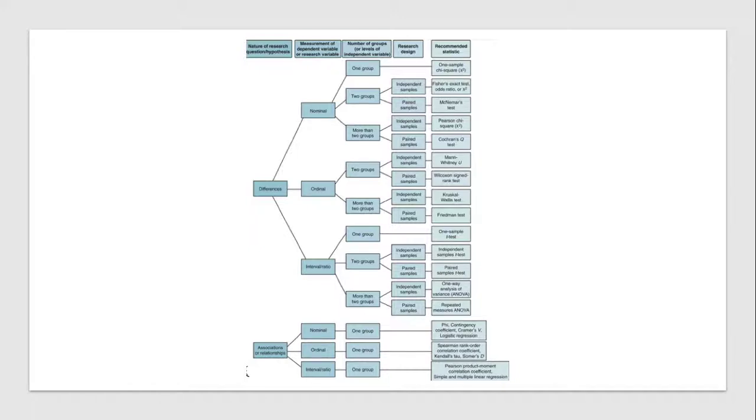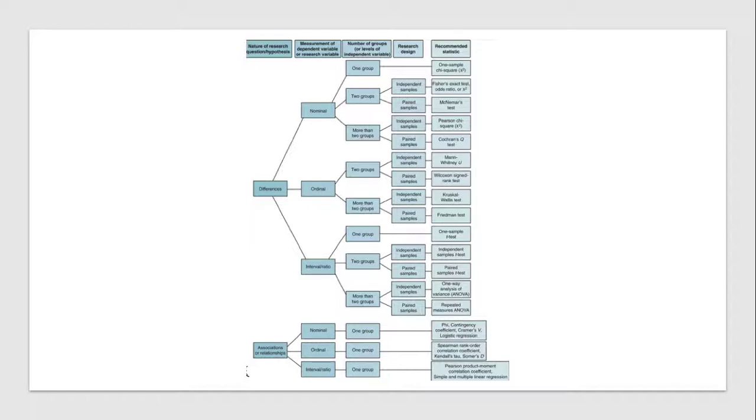So here is a flow diagram, and you can pause the video and look a little bit closer at it to get an idea. I like how they broke this down by first thinking about the nature of the research question or hypothesis. Are you looking at differences, or are you looking at associations? Then they look at the measurement of the dependent variable, the level of data. Is it nominal, ordinal, or interval ratio, meaning is it continuous?